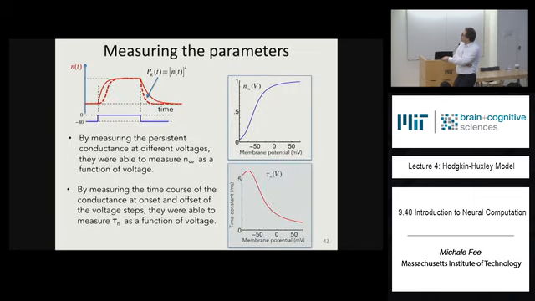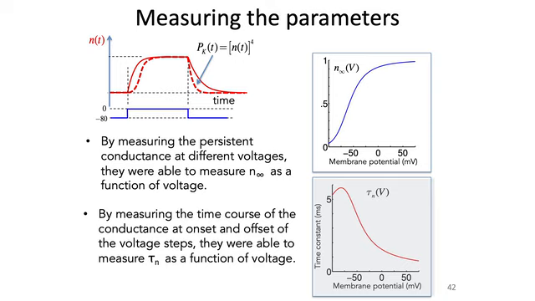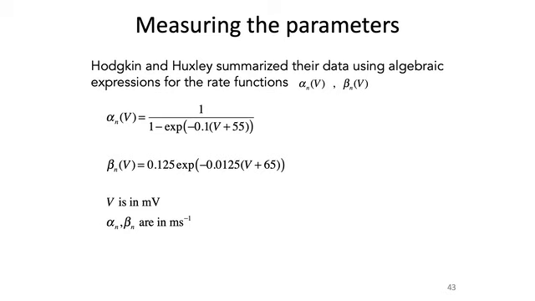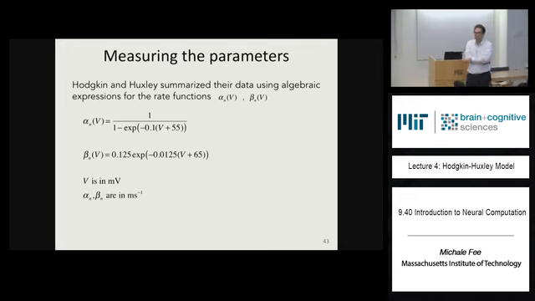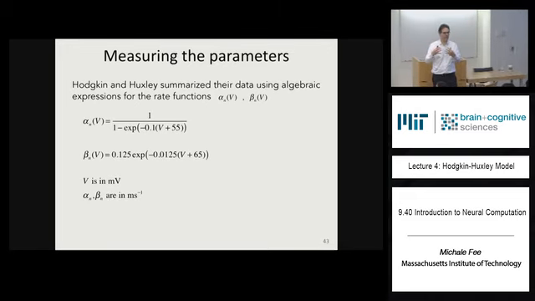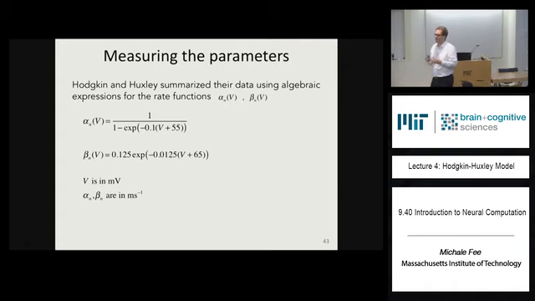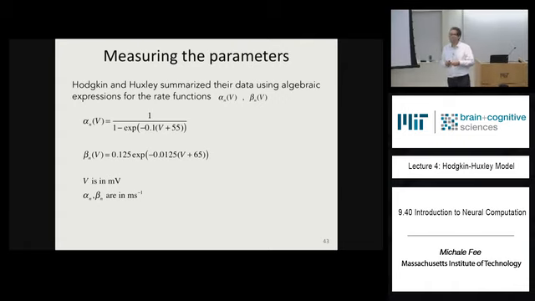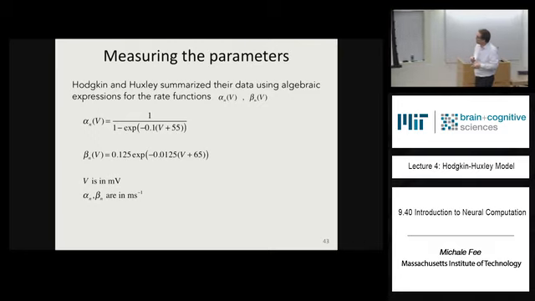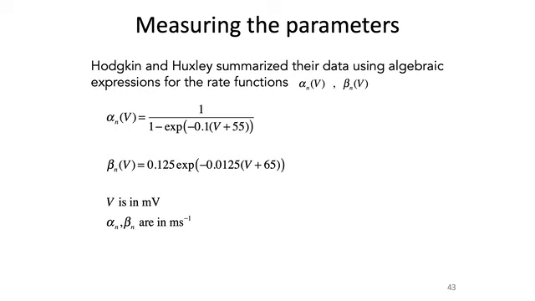You can also, from these two quantities, extract alpha and beta. And so you can write down a simple algebraic expression for alpha and beta, and that's the way they actually wrote those things down. They wrote them down as alpha and beta rather than n infinity and tau. Okay. So those are simple expressions for alpha and beta in units of per millisecond as a function of voltage in units of millivolts.